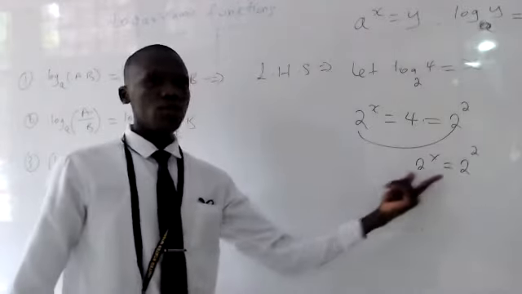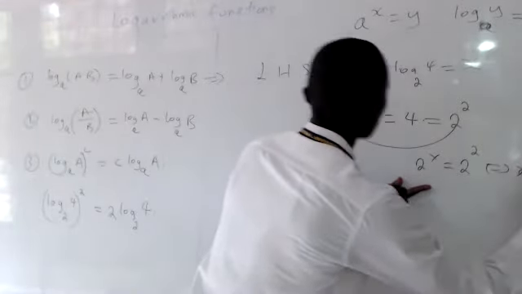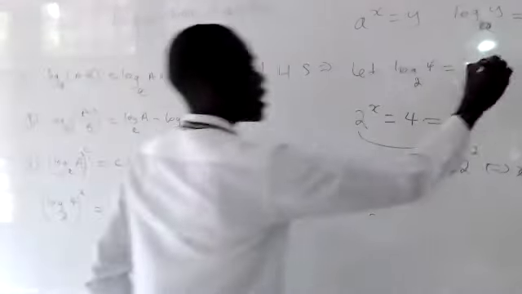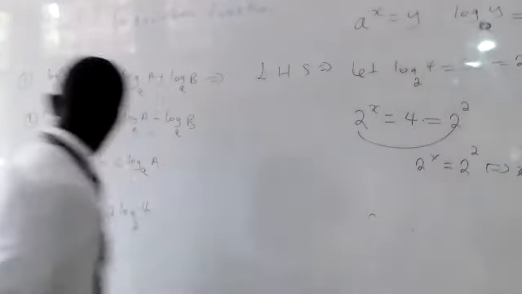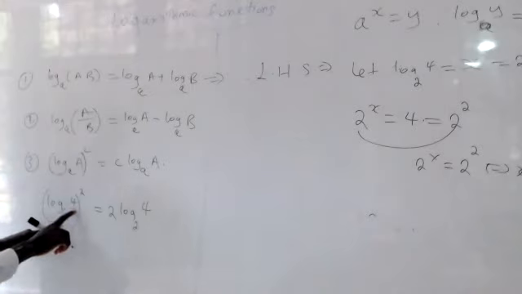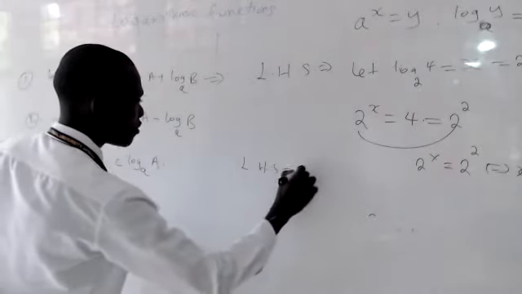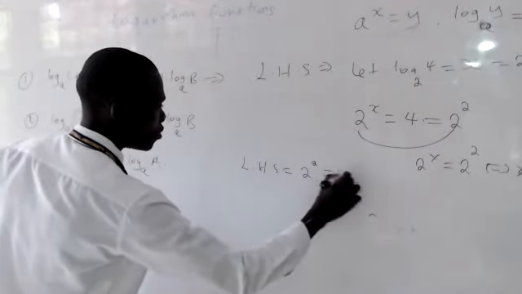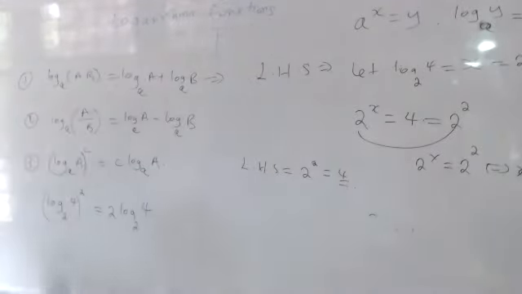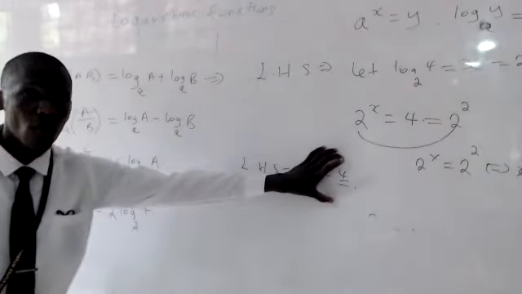Because the base is the same, it means x is equal to 2. So this x that you had here is 2. Therefore, the log to the base 2 of 4 is simply 2. So on the left-hand side, we will simply have 2 squared, which gives us 4.